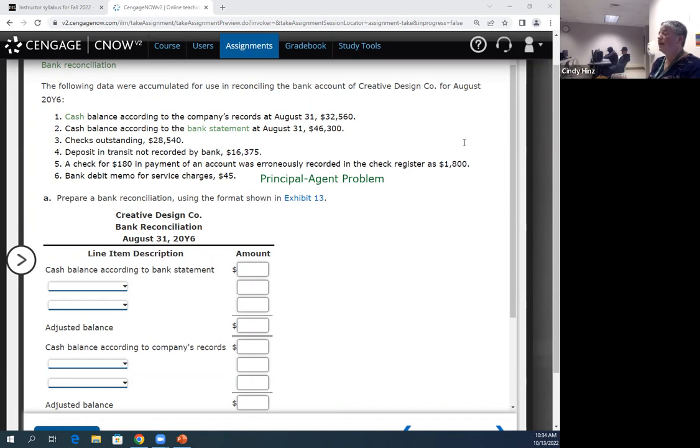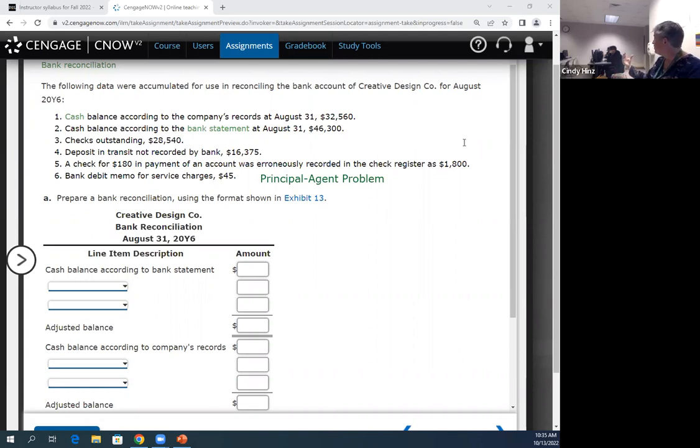The principal agent problem means, in essence, that the people who own the company are not the people running the company. So the principal refers to the people who own the company. In the case of a publicly traded company, that would be the stockholders. The agents are the people, just like a sports agent.